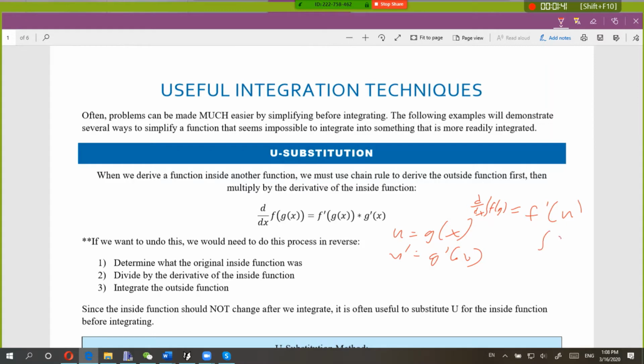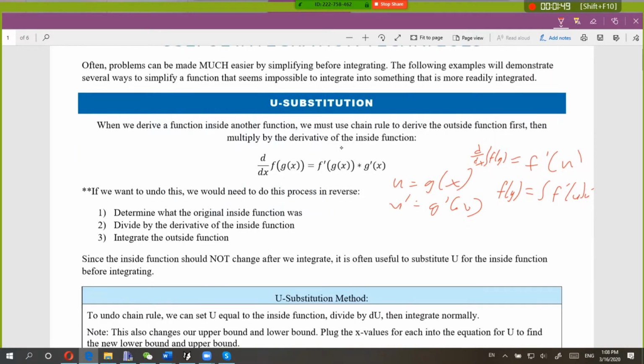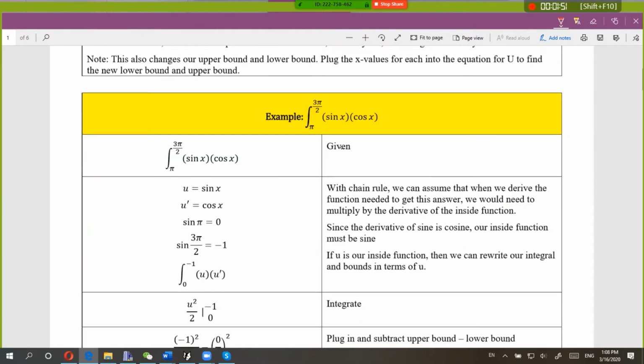Therefore, the integral of f prime u du should be my original function. Okay, so for U-substitution, we're looking for what the inside function was, and then we'll resubstitute back in.